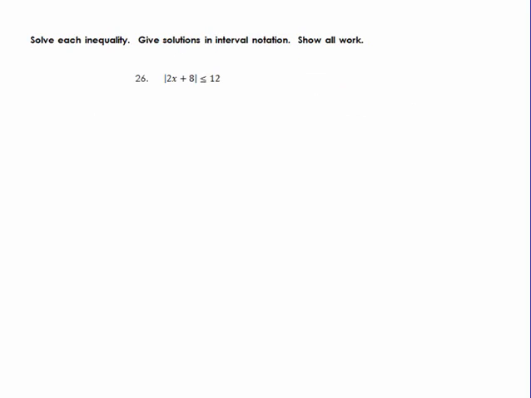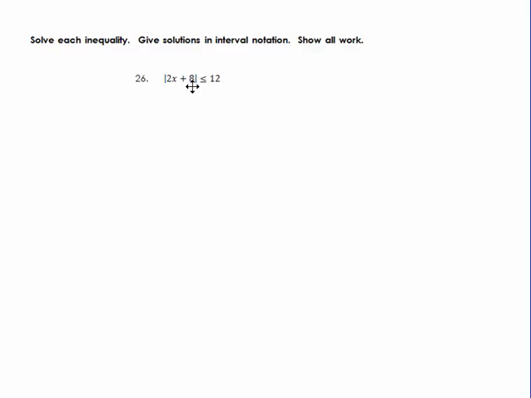Okay, so for number 26, solve the inequality and then give the solutions in interval notation. All right, so here, my absolute value is less than 12. Remember, that's less than.